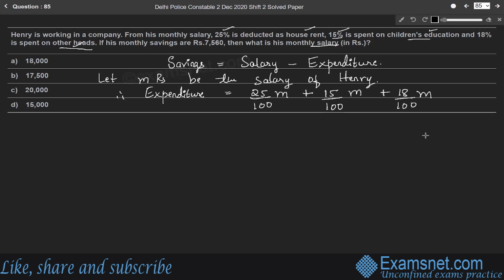Therefore, expenditure becomes this much, right? Therefore, what is his monthly salary? So salary becomes savings plus expenditure.